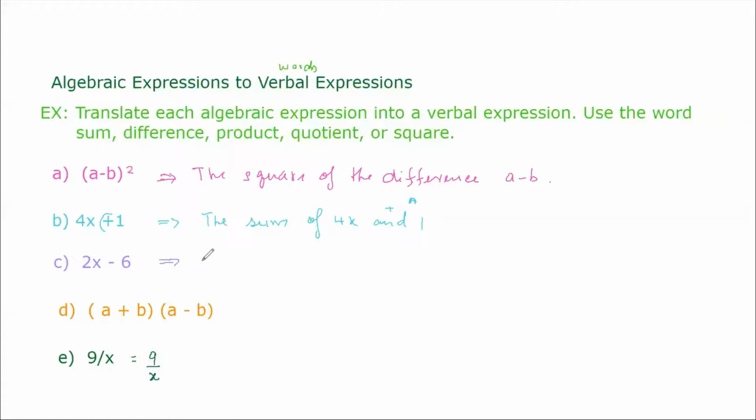2x minus 6, again, see which is the last operation. 2 must times x first, and then minus, right? This minus is the last operation.